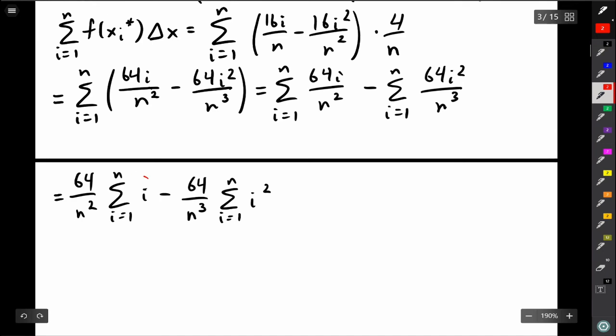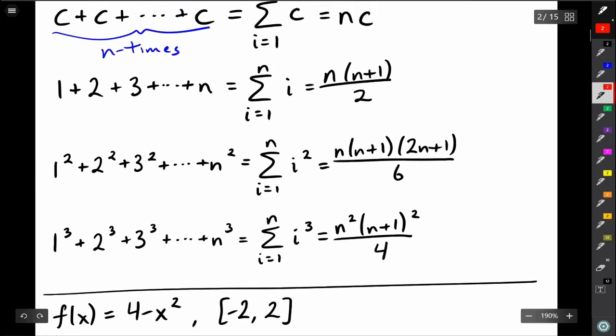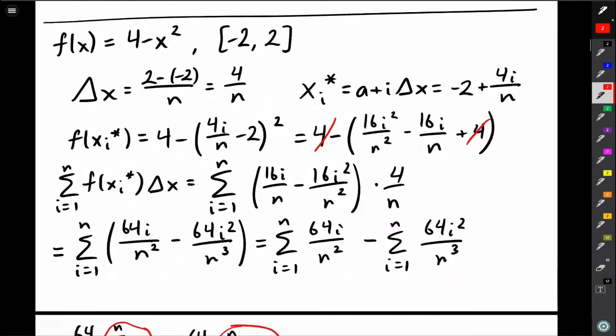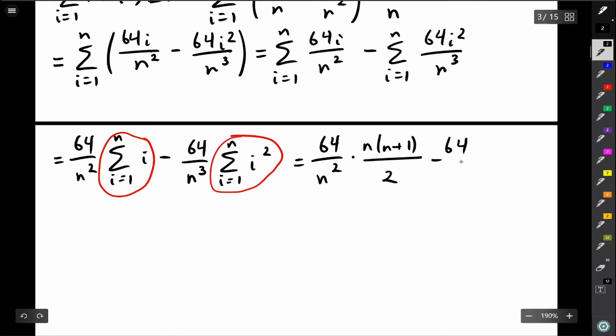And now, these two things, remember we had formulas up here for those. We're going to pop those in now. This is 64 over n squared, n plus 1, actually we don't need that one, over 2, minus 64 over n cubed.